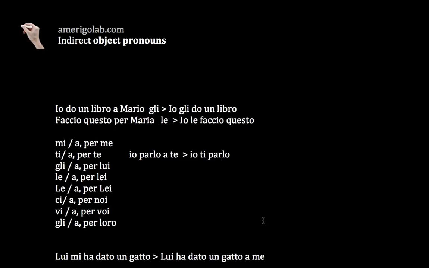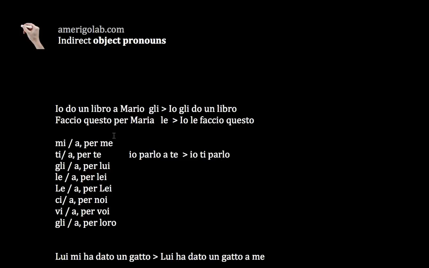Remember, for example, io ho mangiato la pizza, but if I replace la pizza with la, io l'ho mangiata, according to pizza. With the indirect object pronouns, we don't have to worry about the past tense, and it's going to be always o. We don't make the agreement.